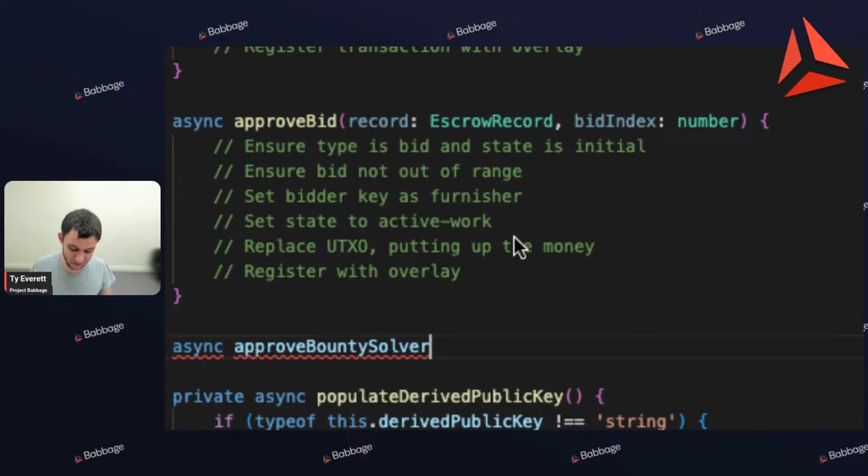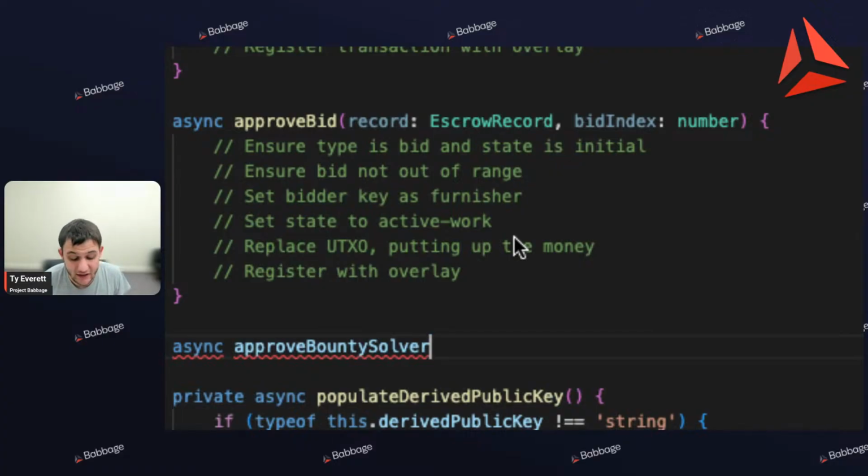And if they don't approve it within that time frame, then it can be disputed by the solver, the furnisher of the solution, with the platform. That would seem to be the way to do it.